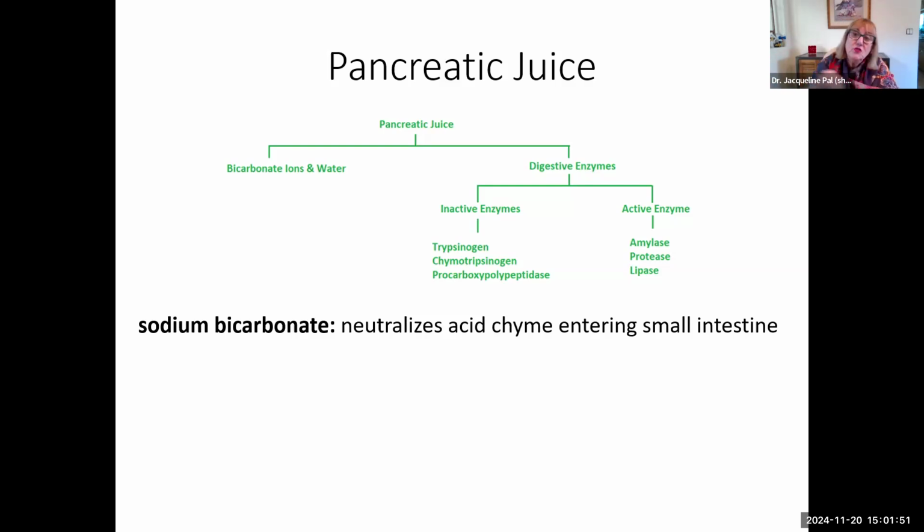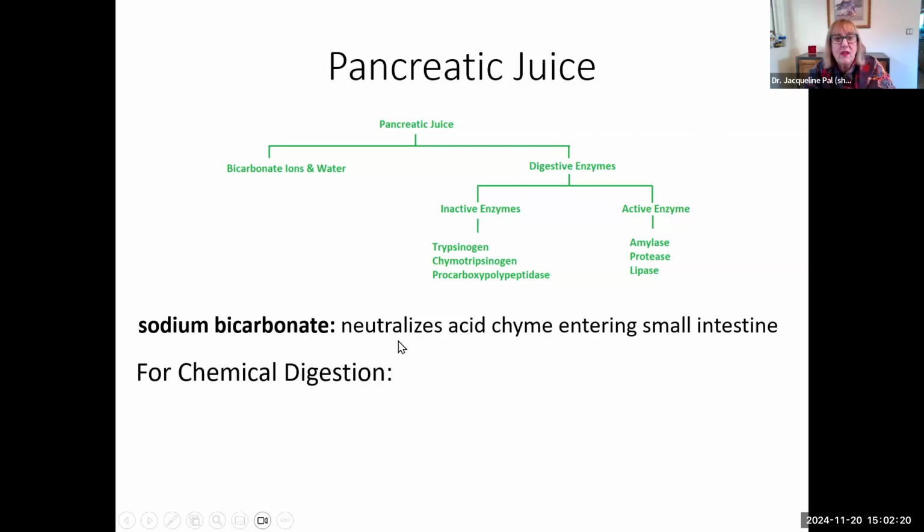And the point of that is to neutralize the very acidic chyme from the stomach, so we won't have an acidic chyme eating up the small intestine. Because notice, I've never said anything about small intestine cells secreting a mucus layer to protect the mucosa. So we have sodium bicarb coming from the pancreas to protect it.